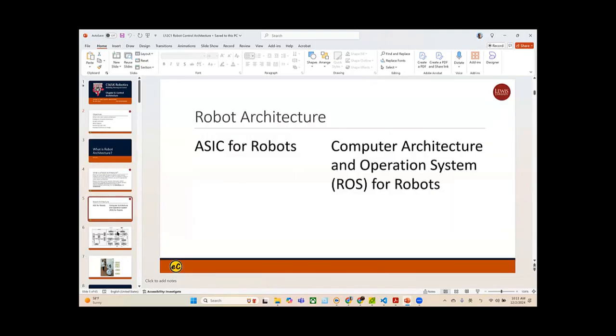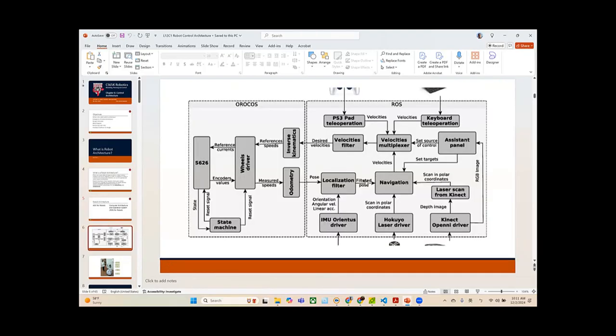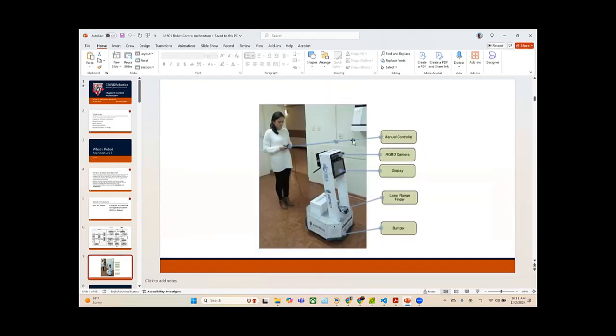So the architecture is the overall system view of your robot. So there may be some sort of sensor feedback part. There may be a wheel controller. There may be some sort of velocity controller. That's a feedback loop. That's an overall system.